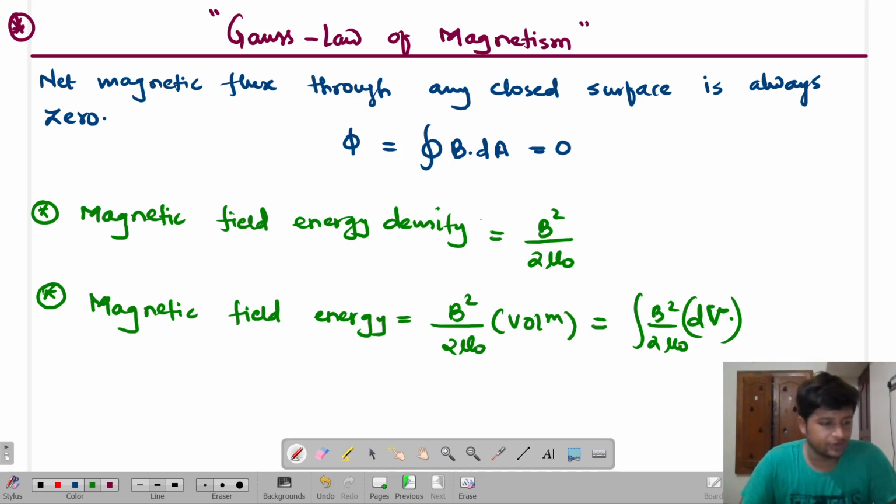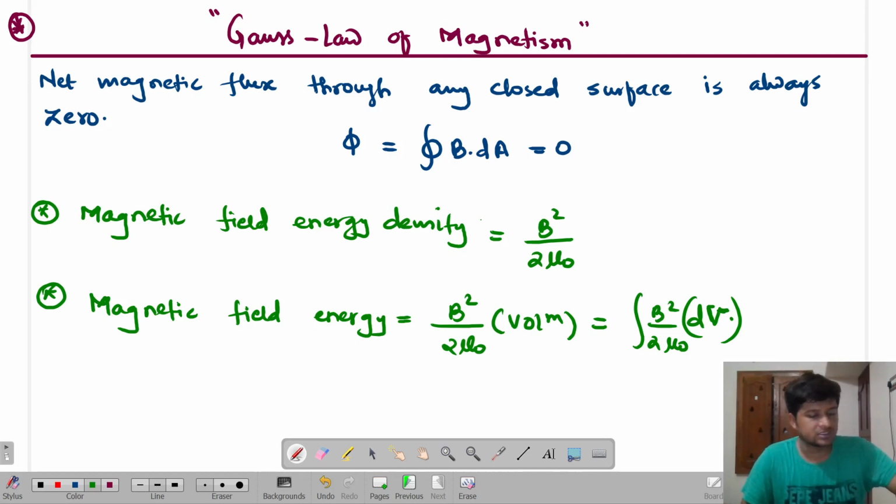This was all about your Gauss law of magnetism and all those kinds of things. Is that clear or not? So I'm left with one question of solenoid, and then we'll start. So today we learned how to find the magnetic field due to charge.